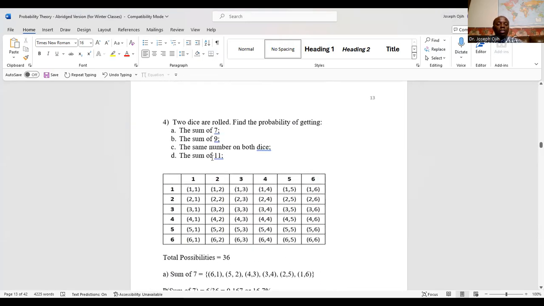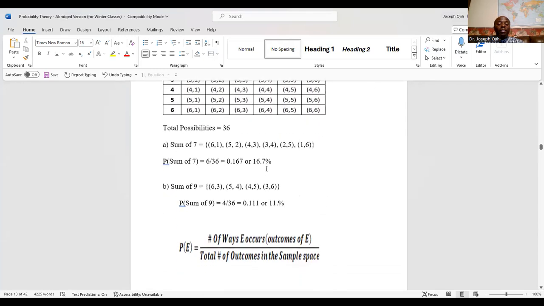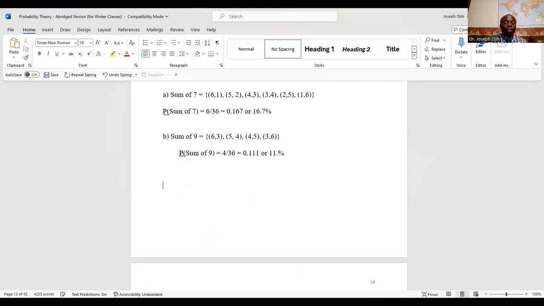Then the next one is getting the same number on both dice. So let's find the outcomes for the same number first of all.